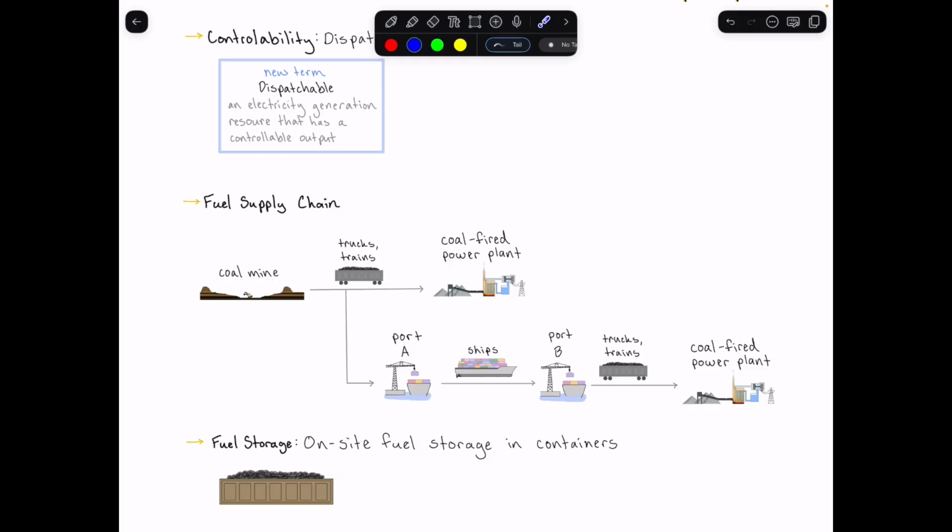Because it's very easy to store coal on site, just in large containers, this allows coal-fired power plants to continue to generate electricity with the coal reserves that are on site, even during some of these disruptions. And this means that the power plants are resilient to short-term supply chain disruptions.